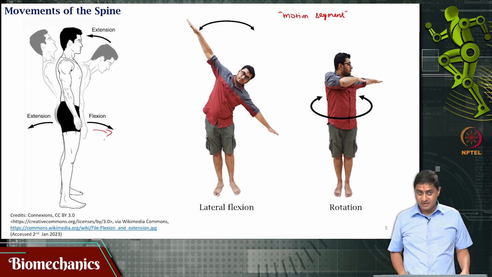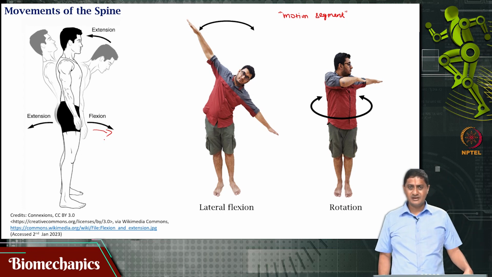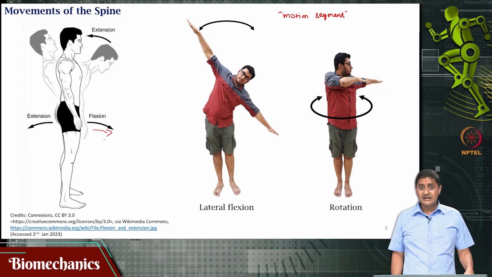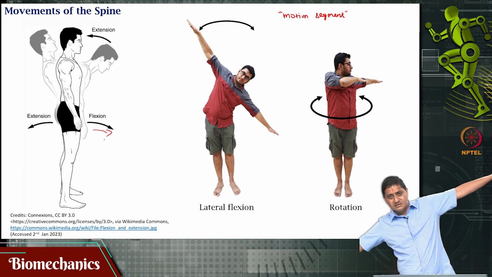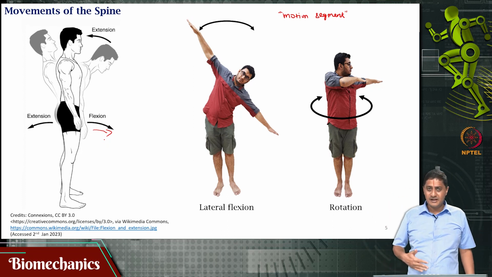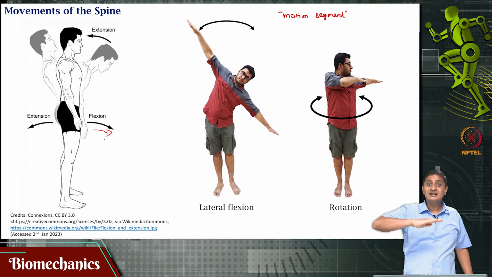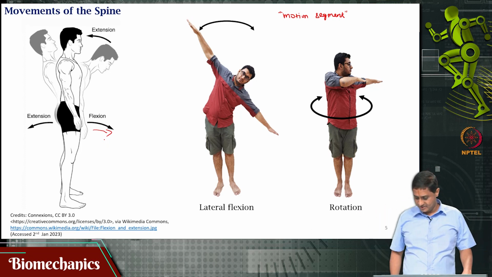Then of course, we all know what are the movements that are possible in which planes. This movement, flexion extension, is happening in the sagittal plane. Then this movement, the lateral flexion, the sideways movement, happens in the frontal plane. And then if I perform a rotation, that is happening in the transverse plane, something to keep in mind.